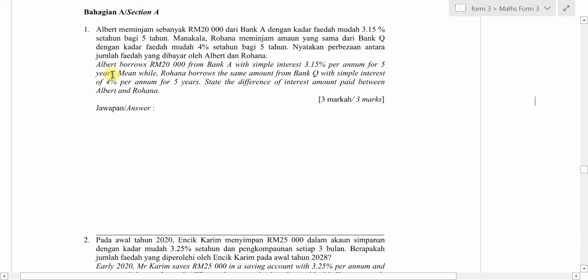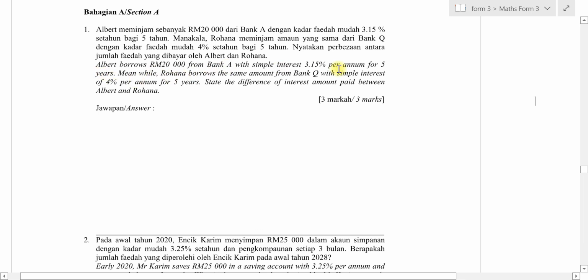For 5 years, if Albert applied simple interest, he invested the money with a simple interest, means Albert must be insane or crazy, or someone fooled him. Because for 5 years, if you know about finance very well, we won't do simple interest.